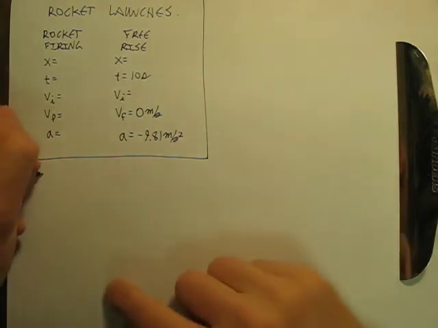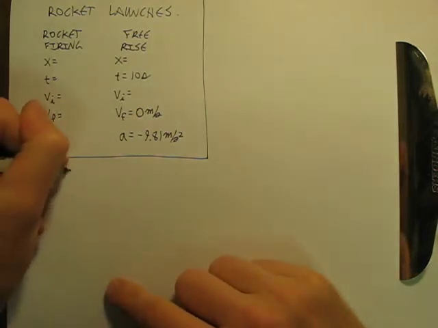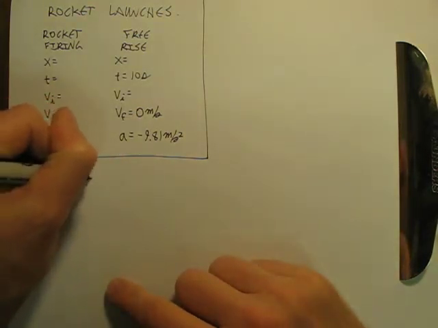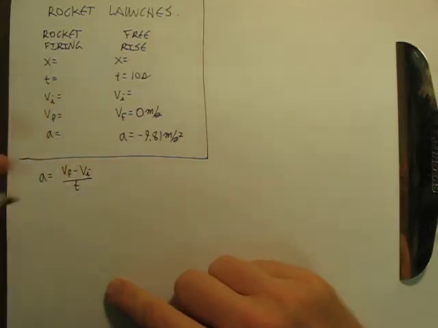We're going to say A equals VF minus VI over T, and we're going to solve that.